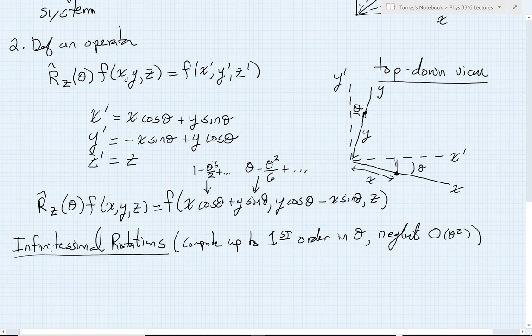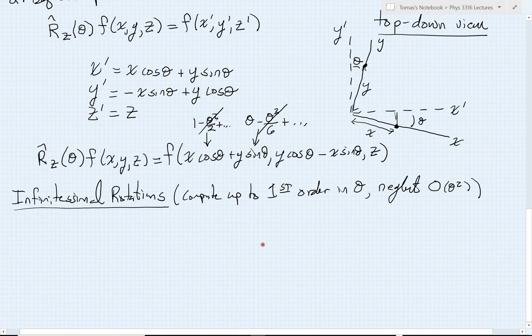If I'm only computing things to first order and neglecting things of order theta squared, I can neglect this term, and I can neglect this term here. And I know I'm making only errors at order theta squared. So the very nice thing about this, notice, is that the cosines that I have here will become just 1.